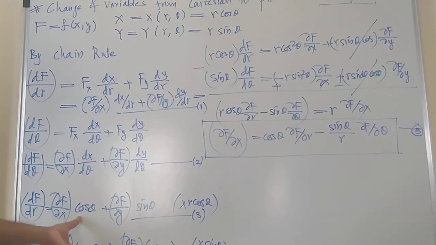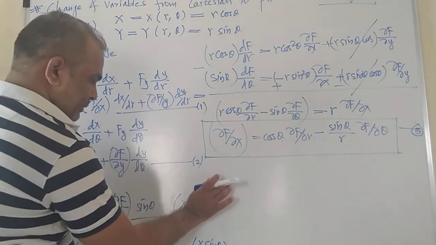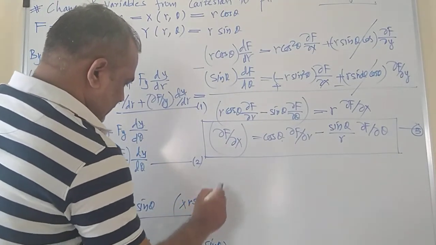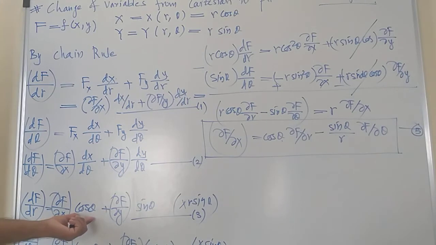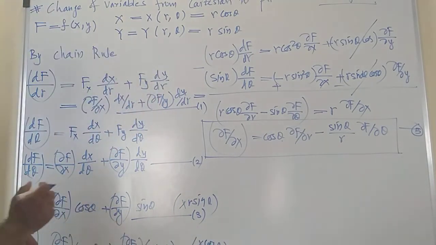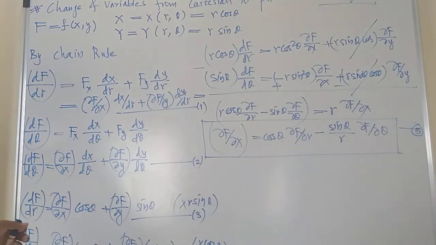And to make this coefficient the same, let's multiply equation number 3 by r sin theta, so that the coefficient will become r sin theta cos theta. Here r sin theta is already there, so multiply by cos theta.